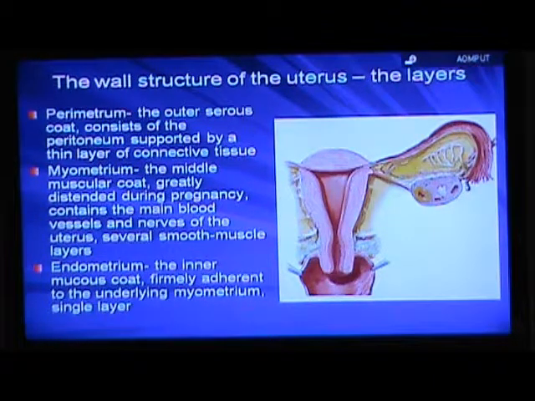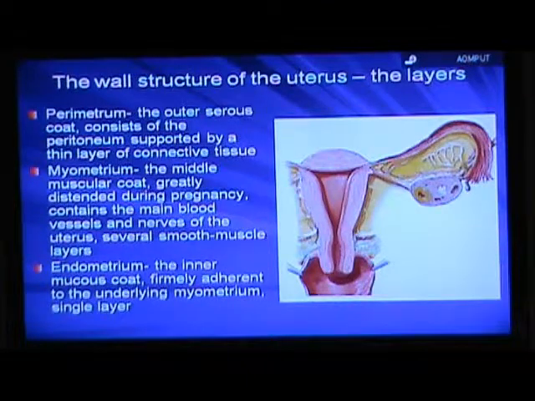The uterus has three layers. The outside is the perimetrium. Its outer serous coat consists of the peritoneum, supported by a thin layer of connective tissue. The myometrium is the middle muscular coat, greatly distended during pregnancy.